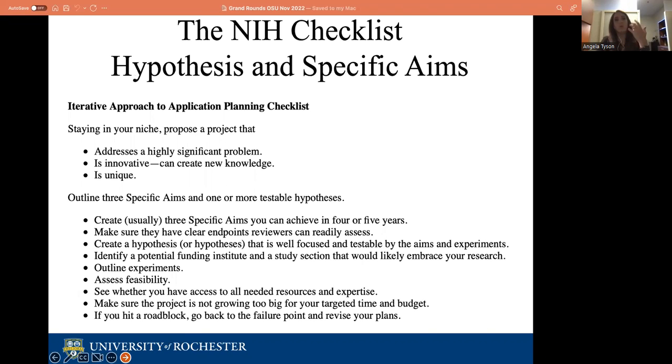So when you are going through how to do a hypothesis and what specific aims you're going to do, I pulled this directly off the NIH website. This is kind of their outline, and usually people want to see at least 3 specific aims. So you can have a primary specific aim, which is basically a restatement of your hypothesis in a more aiming method.